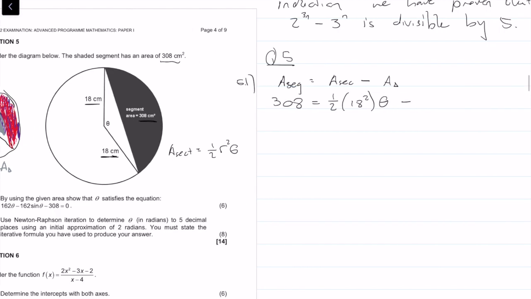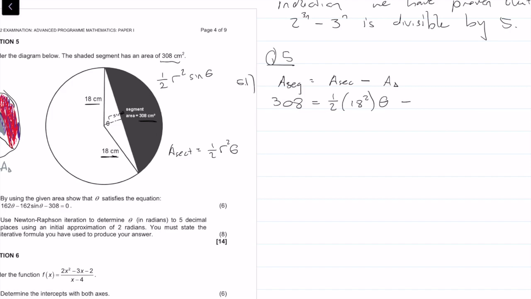Obviously the equation that we're used to is half base times perpendicular height, so you can say half r, and then this perpendicular height here is r sine theta.